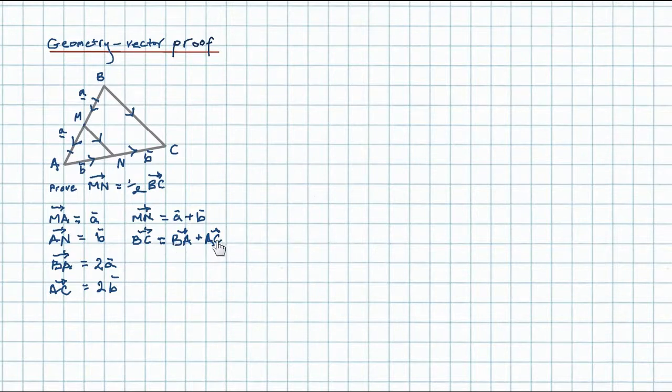This is the tail, this is the tip. So BC is obviously B to A plus A to C. Okay. So we've got B to A, which is 2A. We've got A to C, which is 2B.